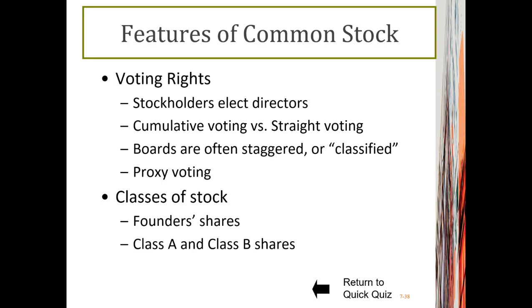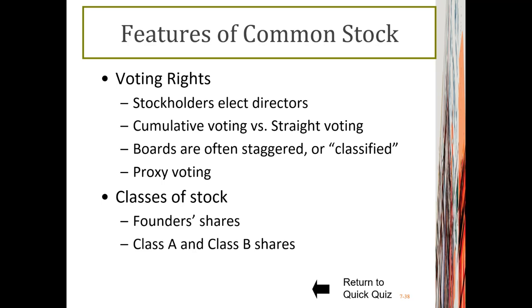Sometimes the common stocks in the same company may have different classes of stock, and typically on the market we see Class A and Class B shares, which are different classifications of common stocks. Typically, founder shares are so-called Class A shares, and founder shares have more voting rights than Class B shares. The typical example is Facebook.